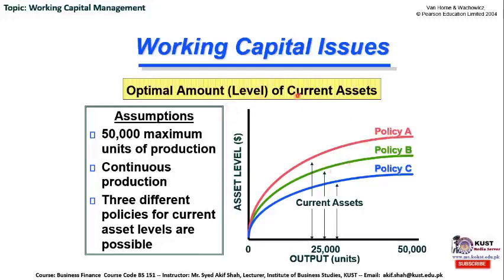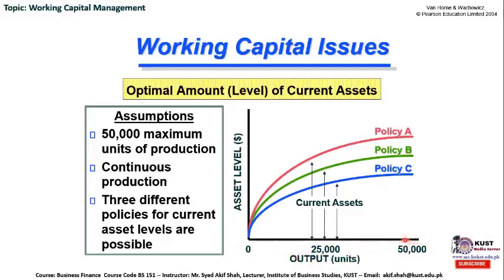So let's come towards the graph. The y-axis shows the level of current assets in the company, and the horizontal axis, or x-axis, shows the number of units produced by the company.